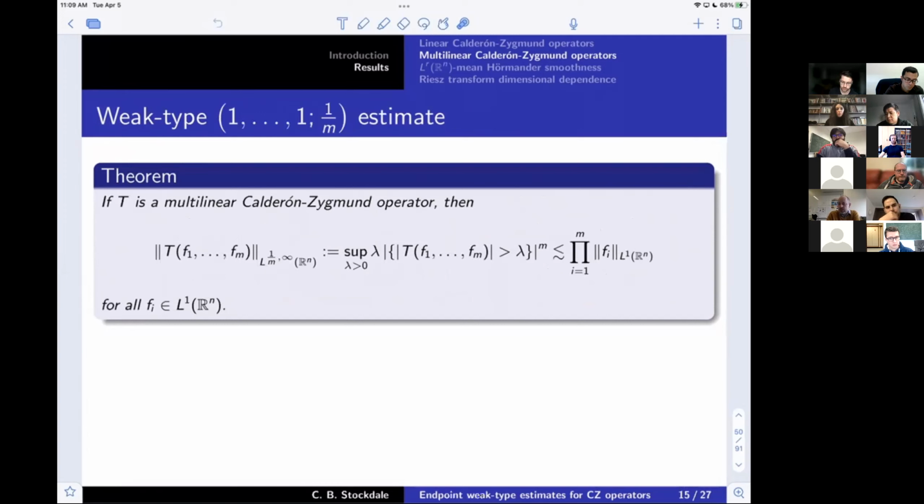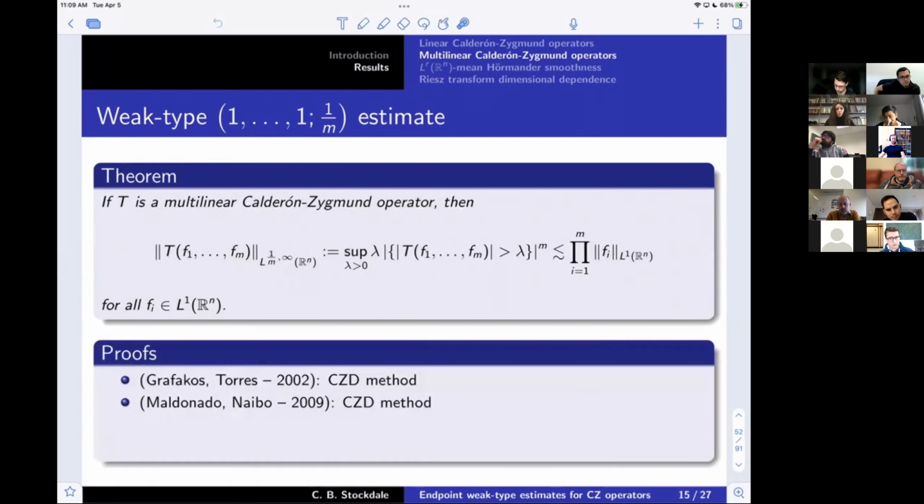So if you take a tuple of functions that are all in L1, so your f_i are in L1, then your multilinear Calderón-Zygmund operator will send that tuple boundedly into a weak type space, where it's weak type L1 over m space. So if m is equal to 1, again, this will give us our classical weak type 1-1 inequality, but this is our multilinear version of this.